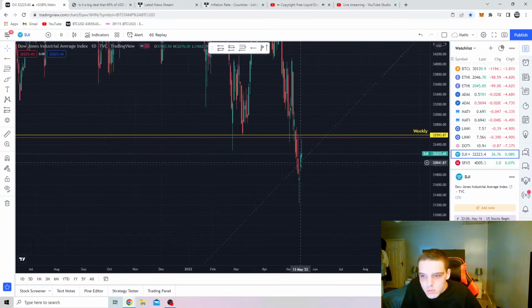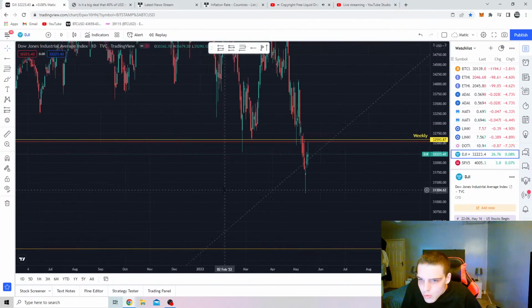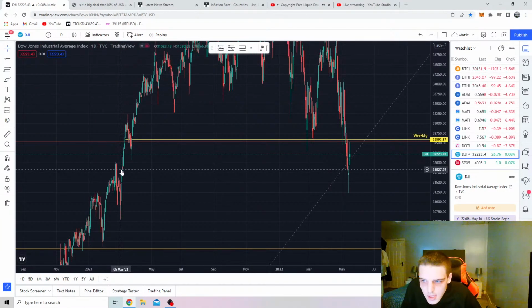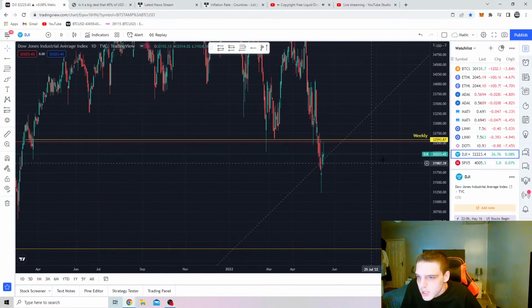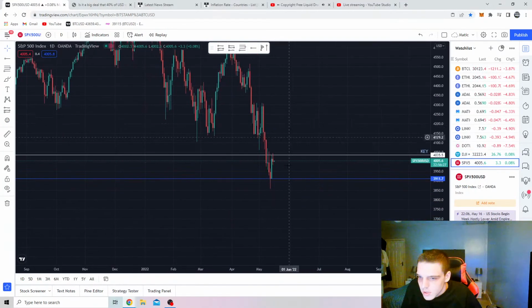Is there an old daily anywhere? No, that's not an old daily. But as you can see at the moment, it's essentially range bound, and this is the key level, I presume, for the Dow. S&P 500, this is the key, currently ranging.